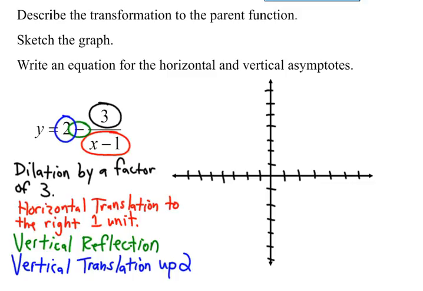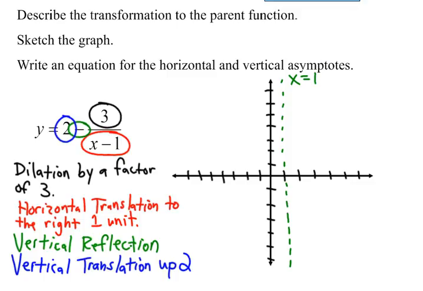So that means that our vertical asymptote is going to translate to the right 1 unit. So it's going to have the equation x equals 0, or excuse me, x equals 1. X equals 0 would have been the parent function, right? Translated to the right one, x equals 1.